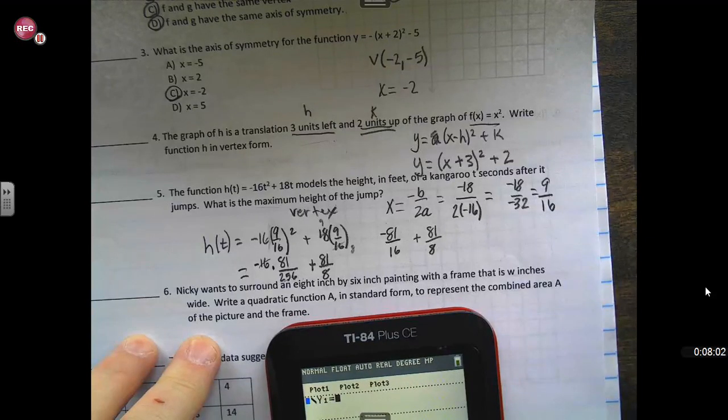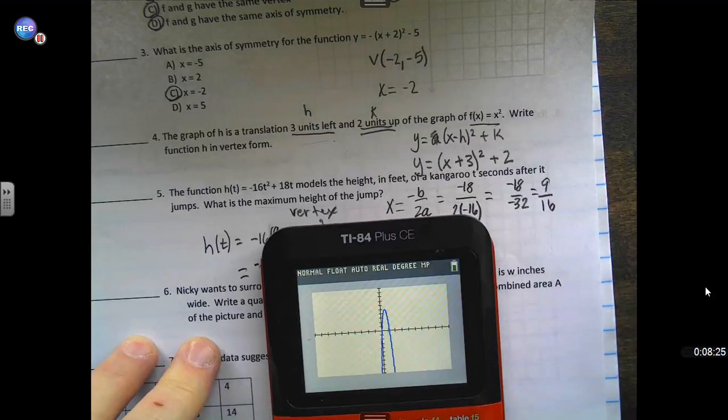So first thing I'm going to do, since I have a graphing calculator, is put that into y equals. And the reason I'm doing that is because I can then ask it to find a value for me. So there's, oops, you're not seeing that. There's that graph.